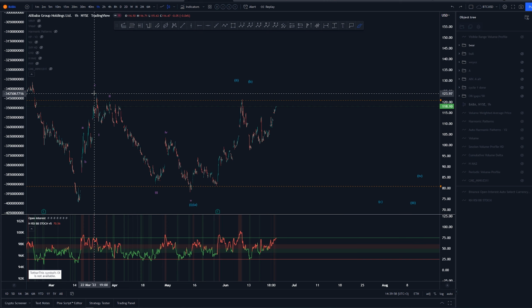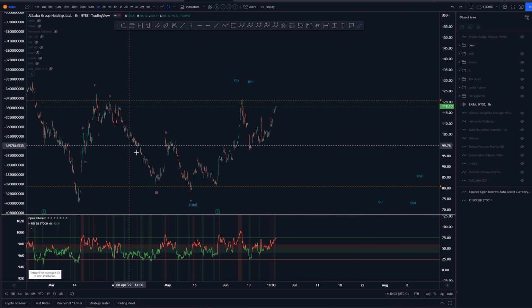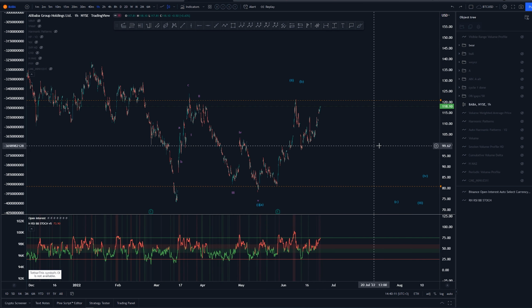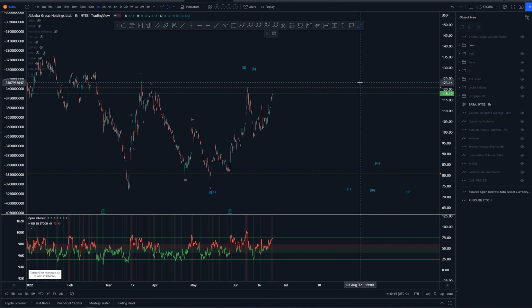We can't go beyond this start point if we want this to be bearish with this count or either of these counts. So yeah, neither of these structures, the bearish or the bullish, are too likely to happen.